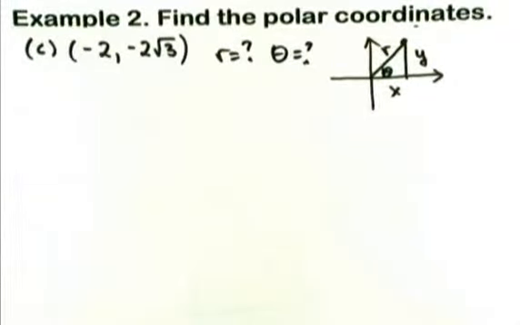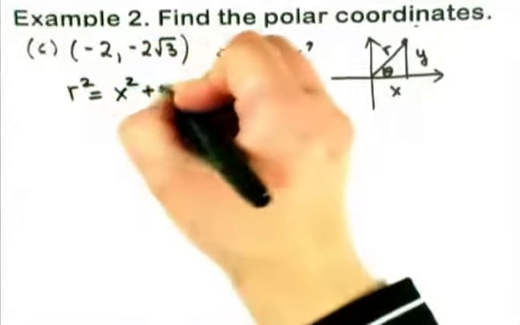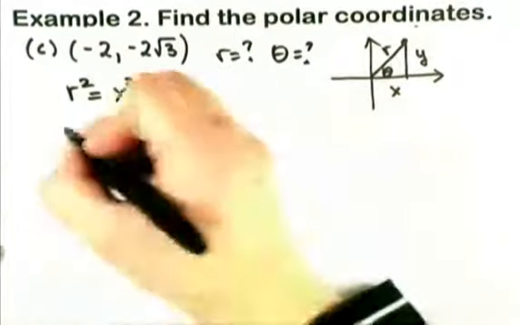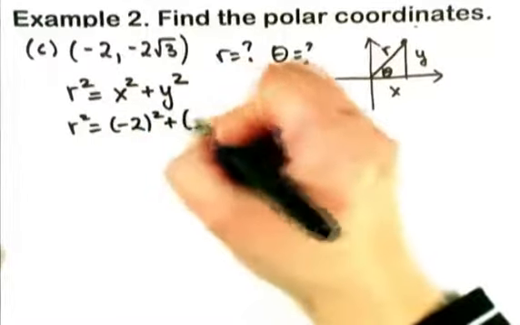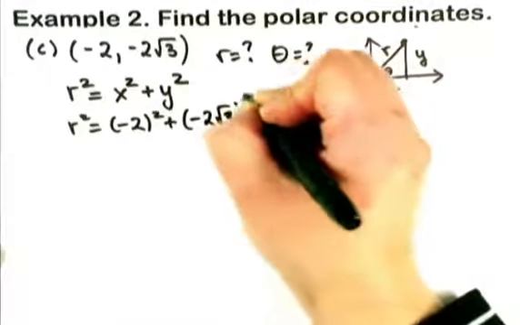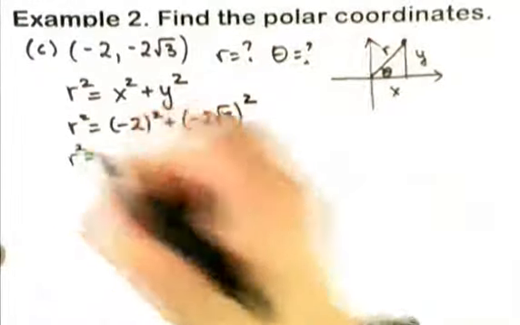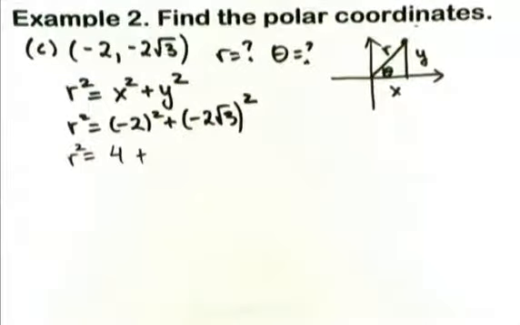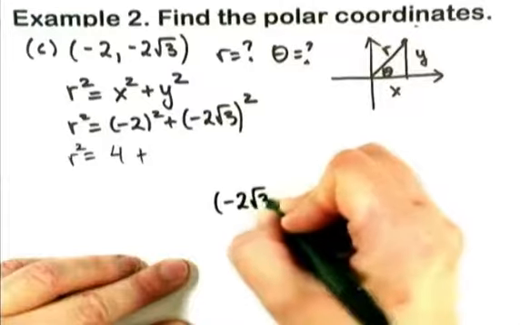So for r, we can use the Pythagorean theorem from this diagram. r squared is equal to x squared plus y squared. x is minus 2, so r squared is minus 2 squared plus minus 2√3 squared. So r squared is 4 plus minus 2√3 squared.